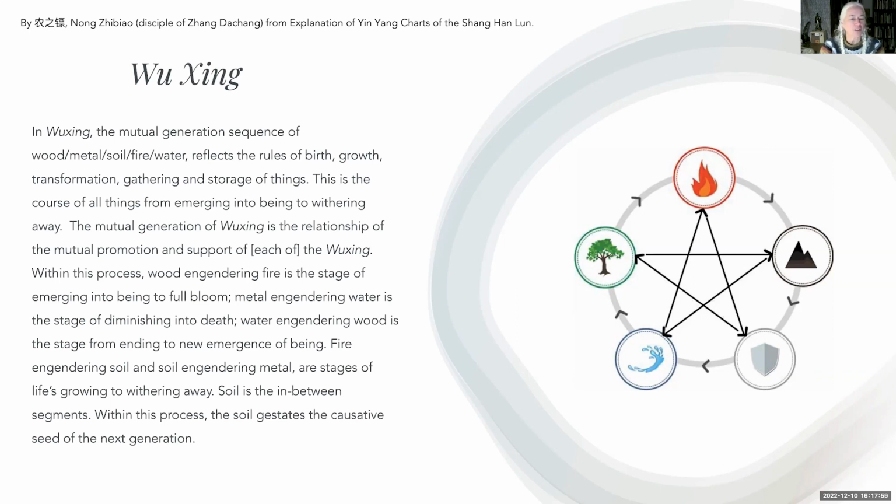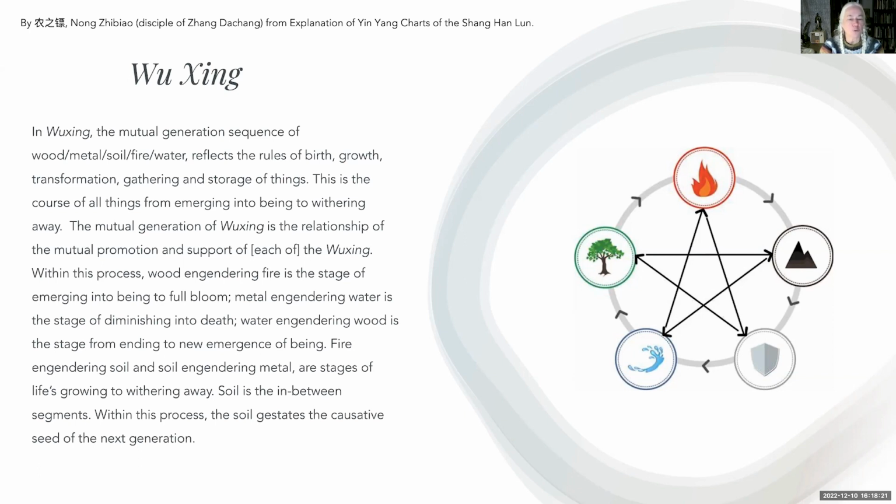The mutual generation of wuxing is the relationship of the mutual promotion and support of each of the wuxing. Within this process, wood engendering fire is the stage of emerging into full bloom. Metal engendering water is the stage of diminishing into death.